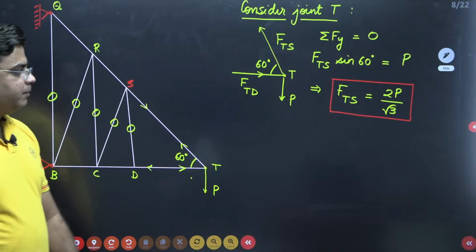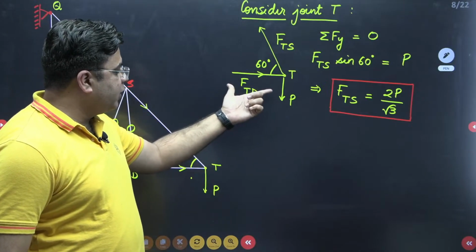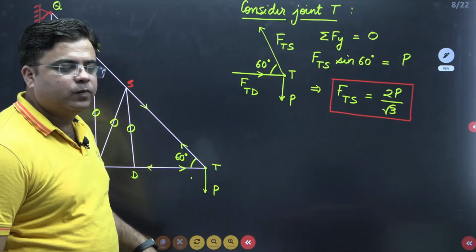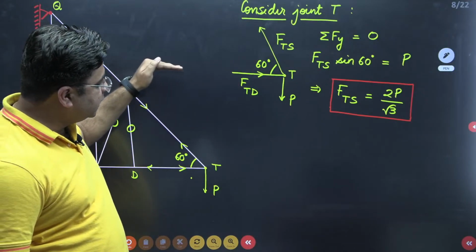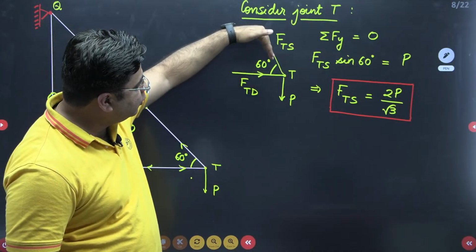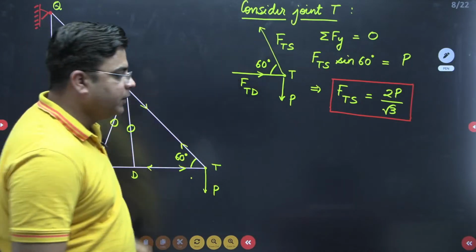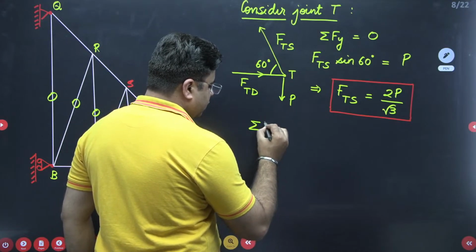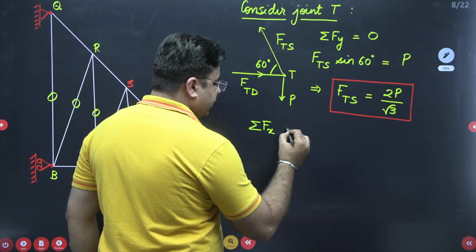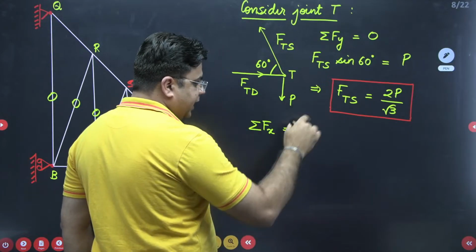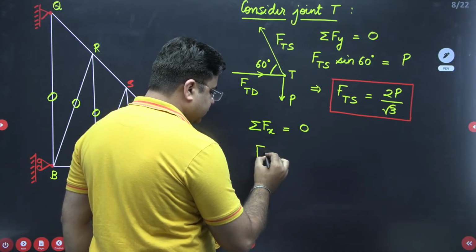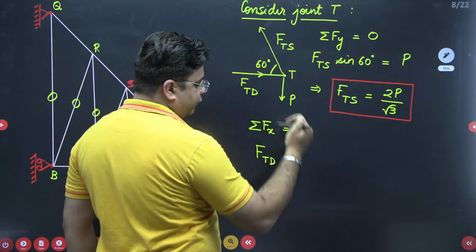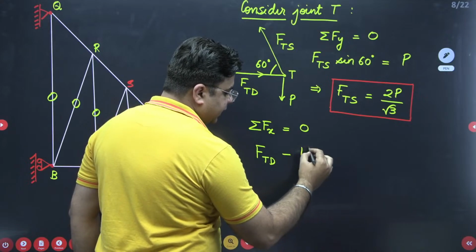Now the second one. For calculating member force TD, you take the summation of horizontal forces equal to 0. So you have two horizontal forces, first FTD and another one is the component of FTS, right? So take the summation of horizontal forces equal to 0. FTD is acting rightwards, so I'll take this as positive. Then FTS cos 60 is acting leftwards, so I'll take this as negative.